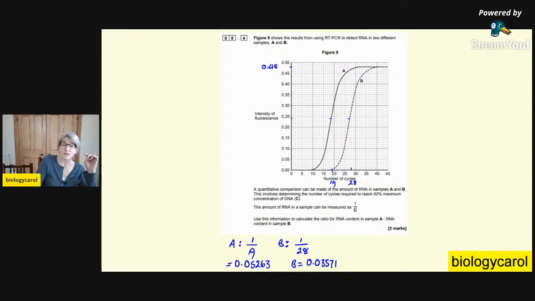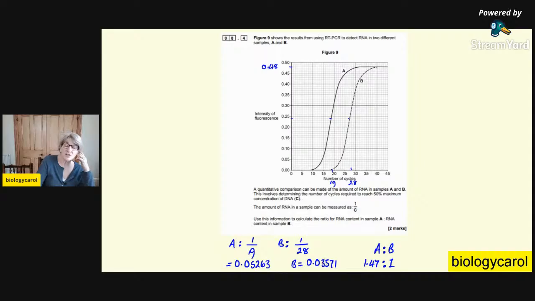So I could have just written this to this as the ratio, but that is not good enough at A level. You need to make this second number 1. And that is the convention. You always make the second number, in this case for sample B, 1.